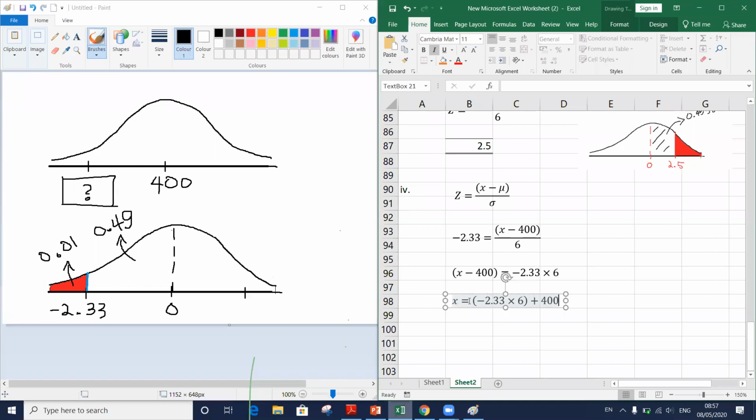That is 386, isn't it? 386.02 grams. This should be the answer.